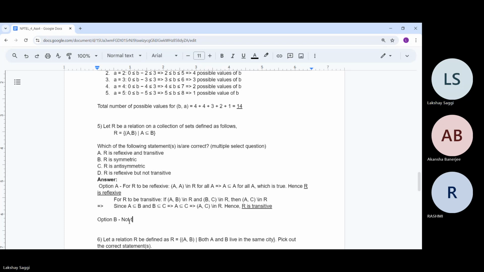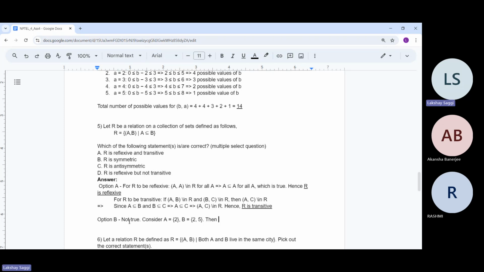Why is this? Consider A equals the set {2} and B is the set {2, 5}, right?